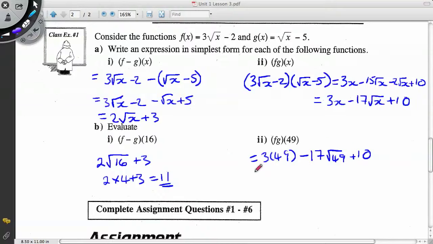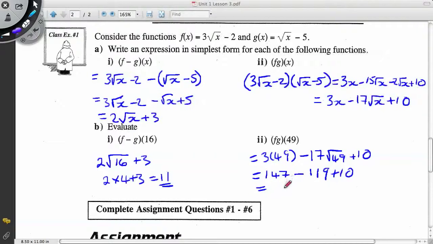Simplifying that, what's 3 49s? 147, minus 17 times 49. Square root of 49 is 7. So 17 times 7 is 119. So it's negative 119 plus 10.